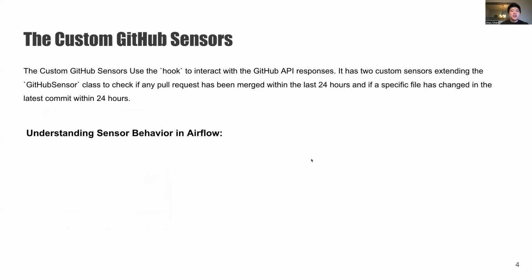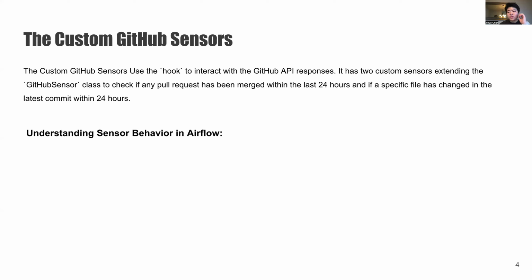What is the custom GitHub sensor I developed? First, I want to give you an overview. For the custom GitHub sensors, I use the hook to interact with the GitHub API resource.